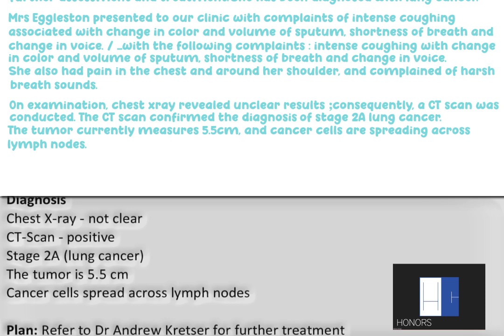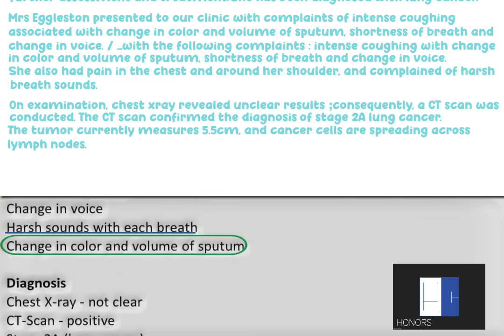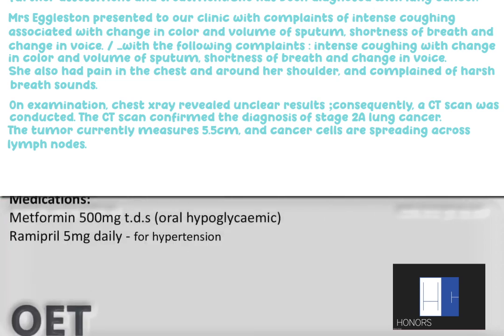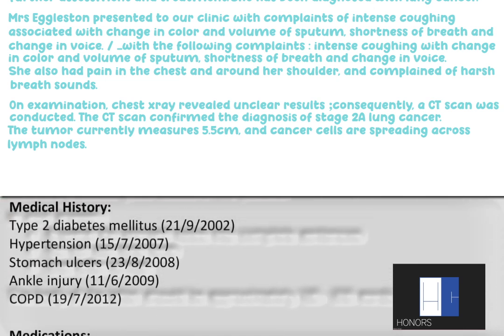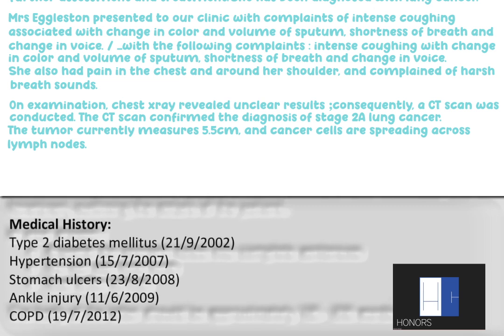Now, the next thing is her medical history. As given in the case note, we have just seen that there is a lot of history, so we are just focusing on the COPD. So her medical history is significant for problems related to COPD since 2012.